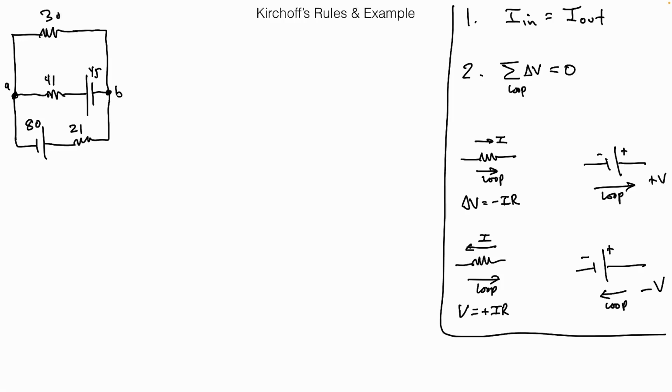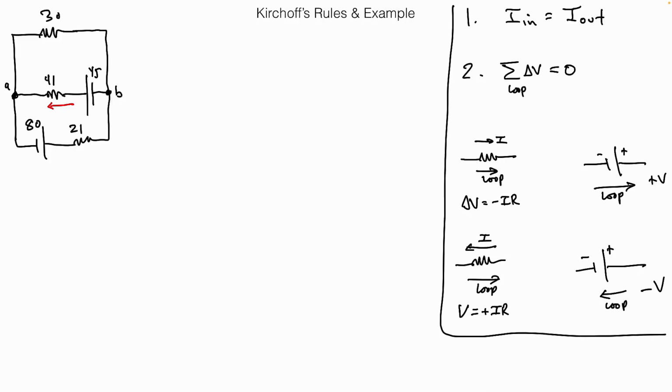There could be a current, and the direction we pick makes absolutely no difference. You just have to pick something, unless you're told in the problem. Sometimes in the homework they tell you the current is this way, and then you have to follow what they chose, so that your signs come out the same as theirs.